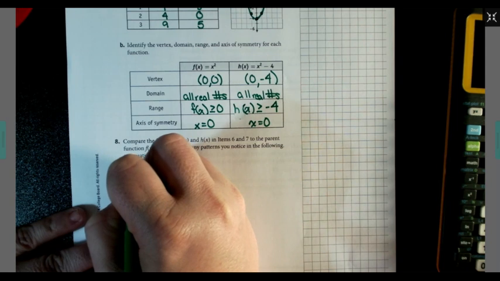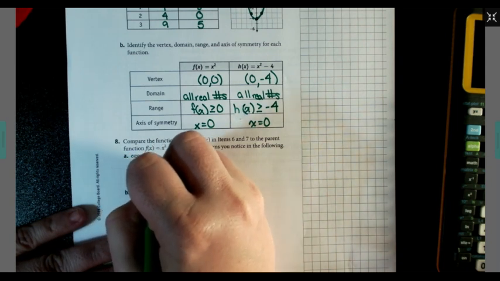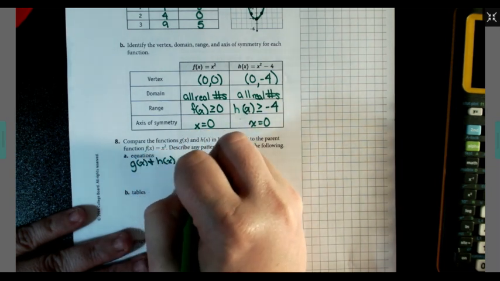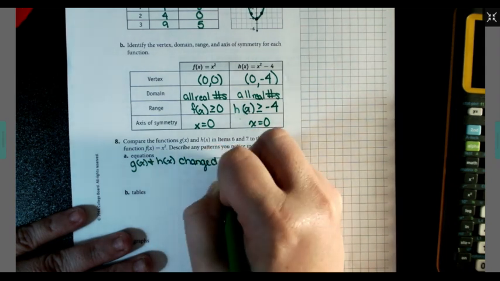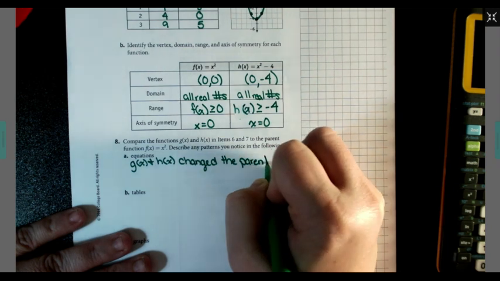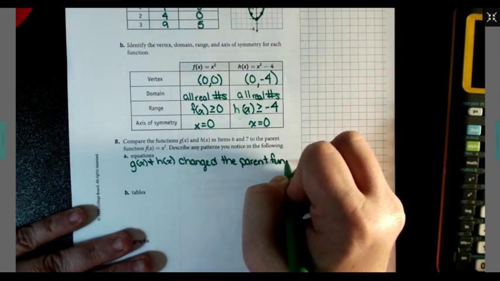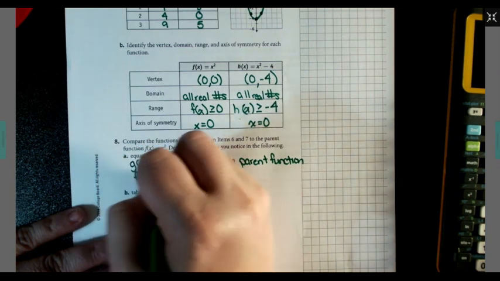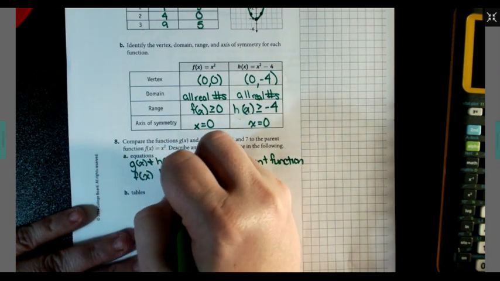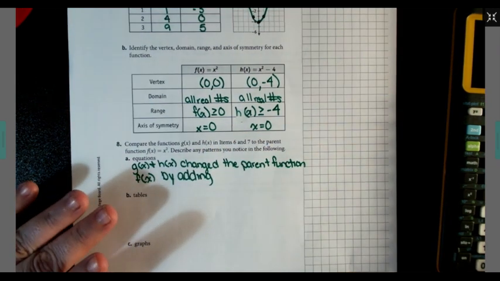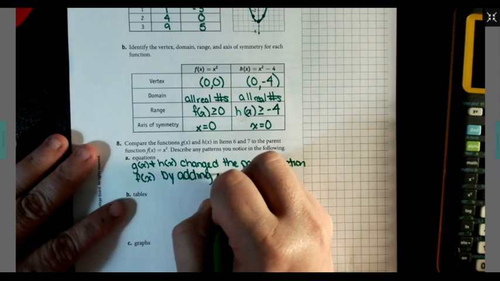My equations, g of x and h of x, change the parent function f of x by adding or subtracting a constant.